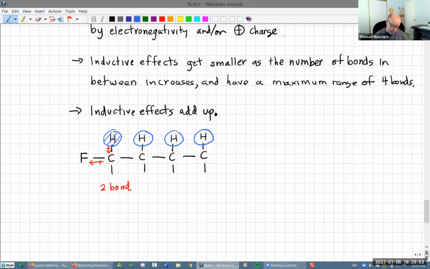If we go one more bond away, oops, sorry, this is a three-bond effect. So what's going to happen is it's not going to be as strong. So this atom will have a little bit higher electron density.